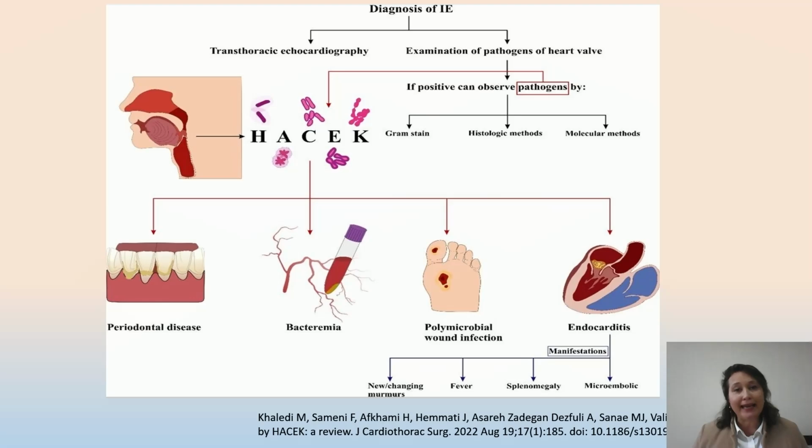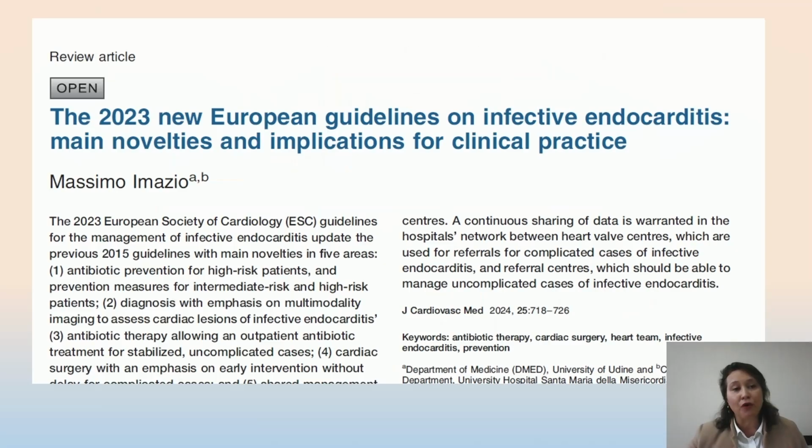The second very important clinical manifestation can be fever, and all doctors should remember that if a patient has a fever of unknown origin, it's a main indication for echocardiography for excluding infective endocarditis. In the patient there can be splenomegaly and microembolic complications I talked about before.